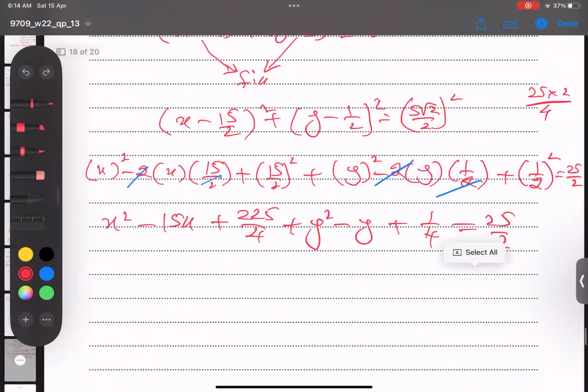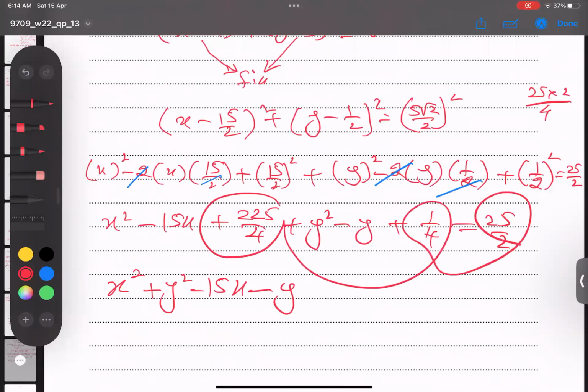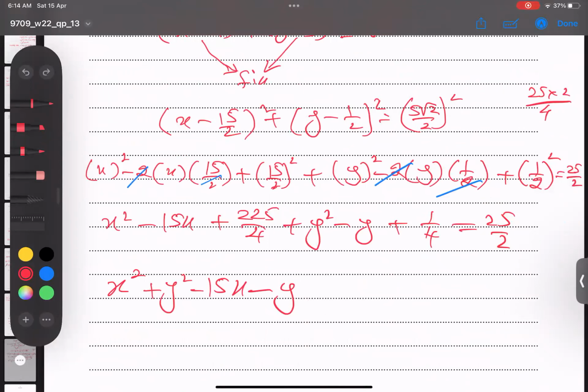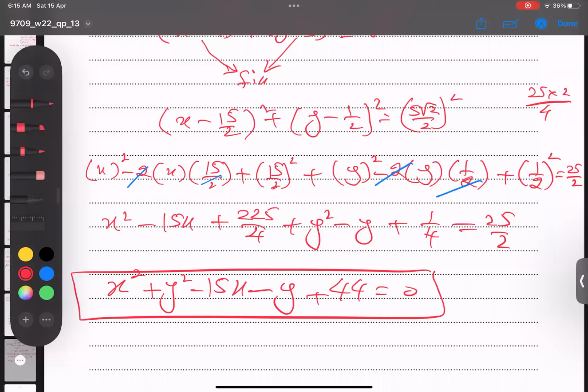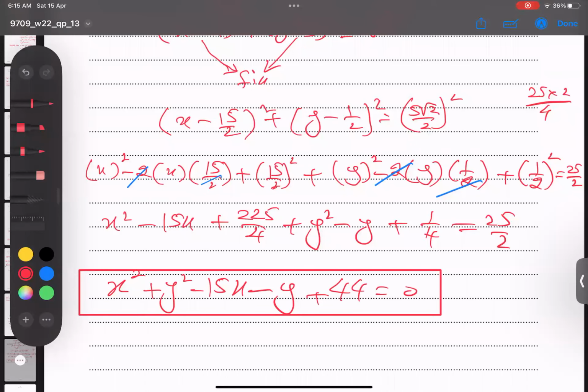So I'm writing the final form: x square plus y square minus 15x minus y, and this number and this number I will solve together. So 225 by 4 plus 1 by 4 minus 25 by 2, I get plus 44. Alhamdulillah Rabbil Alameen, I believe the point is very, very clear.